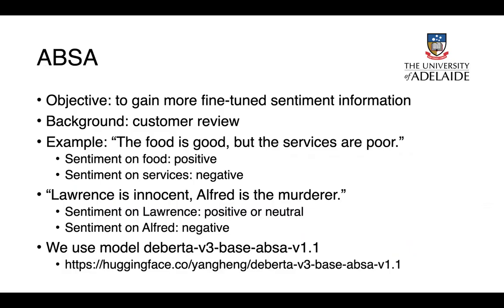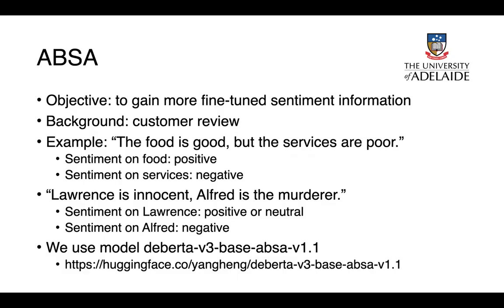The third method we use is ABSA, aspect-based sentiment analysis. The objective of ABSA is to gain more fine-tuned sentimental information than CSA. It is usually used in reviews customers leave in an app or online site.